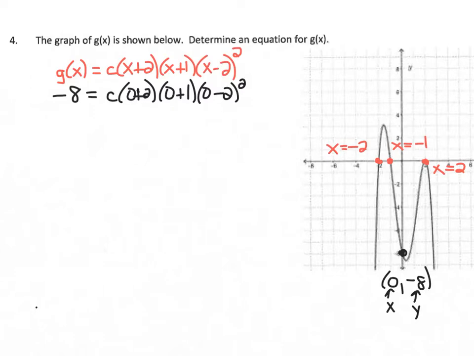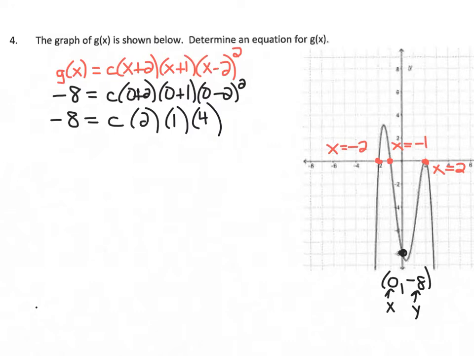So to do so, let's bring down the -8, the equals c, and then 0 plus 2 is 2. 0 plus 1 is 1. And 0 minus 2 is -2. And when you square -2, -2 times -2 is +4.